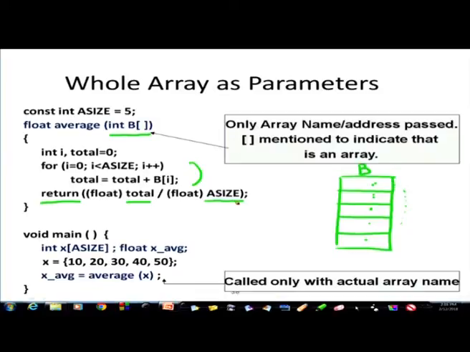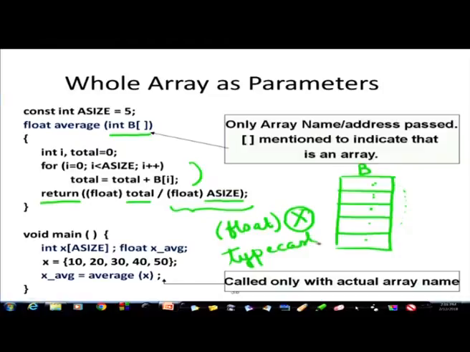Now, average will be a floating point number, okay, and B is an integer array. So, what has been done here is float a size. When we do float of some variable x, that means this variable is being typecasted, is being made to be represented as a float.